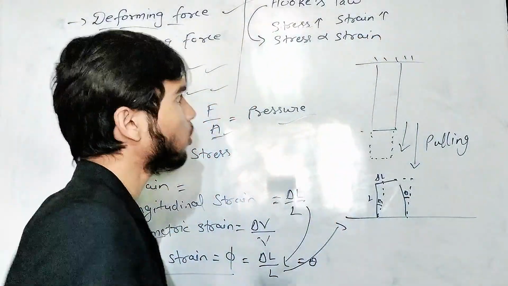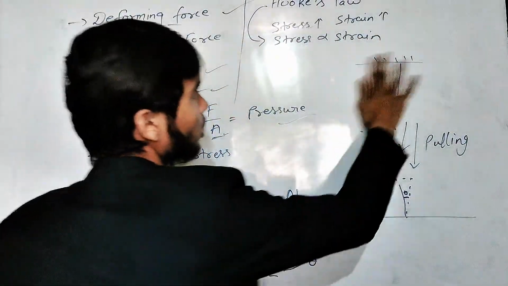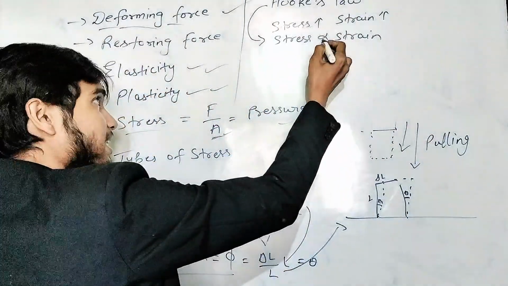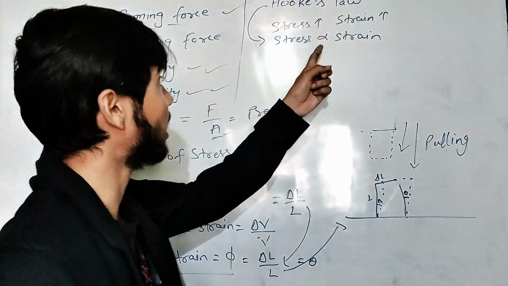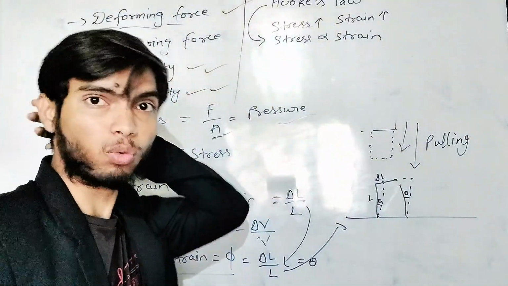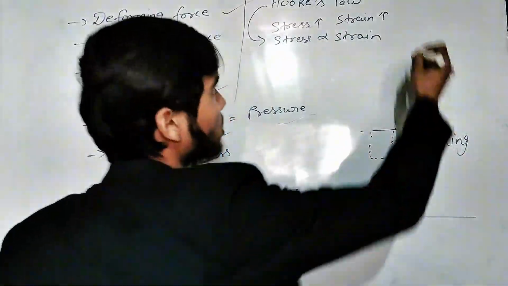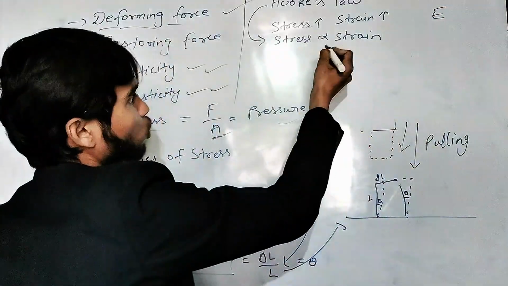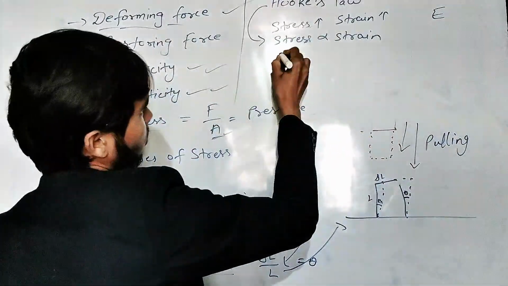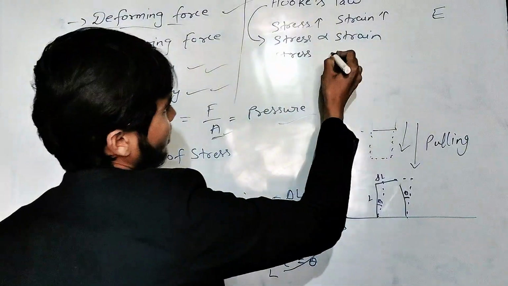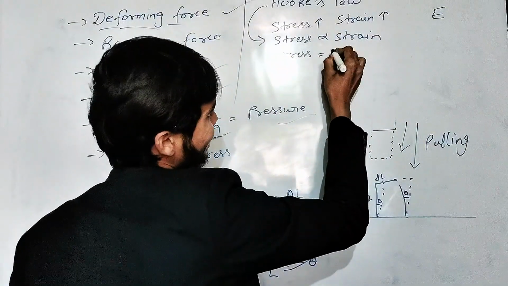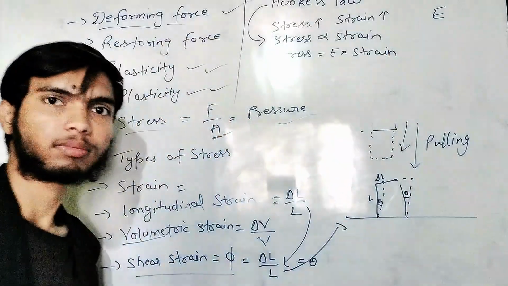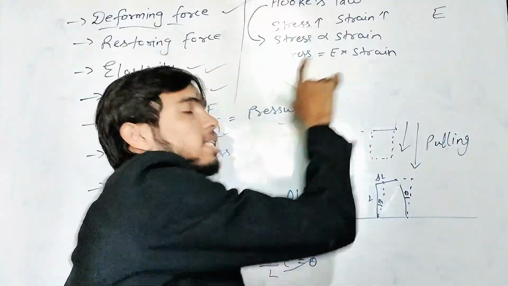Clear? And you know that to remove the proportionality symbol, we use a constant, and that constant is E. So stress is equal to E times strain, and here E is the constant.